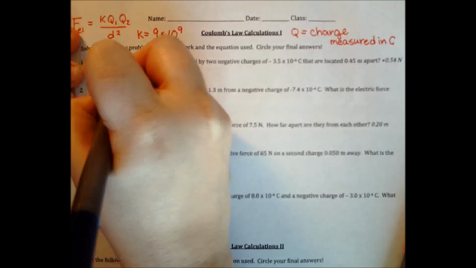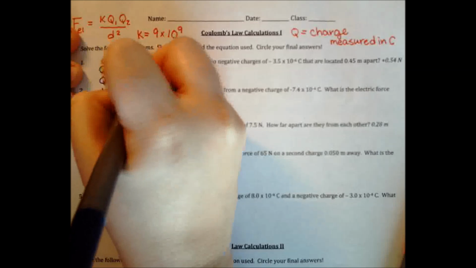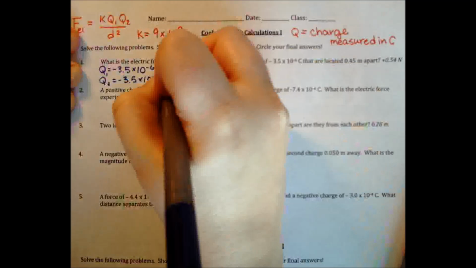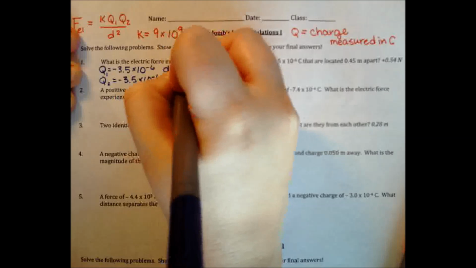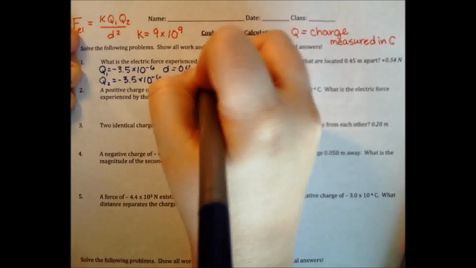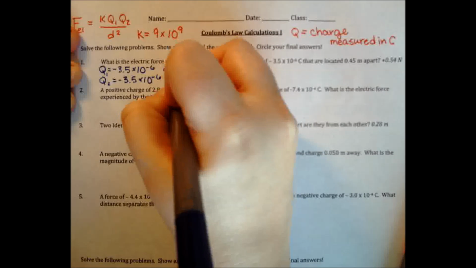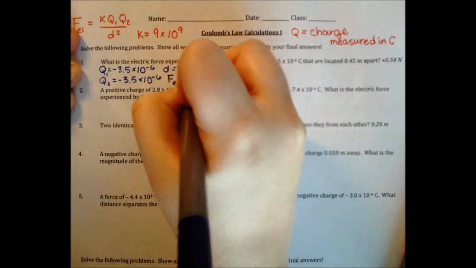Q2 is also negative 3.5 times 10 to the negative 6th. The distance is 0.45, and we are looking for the force.